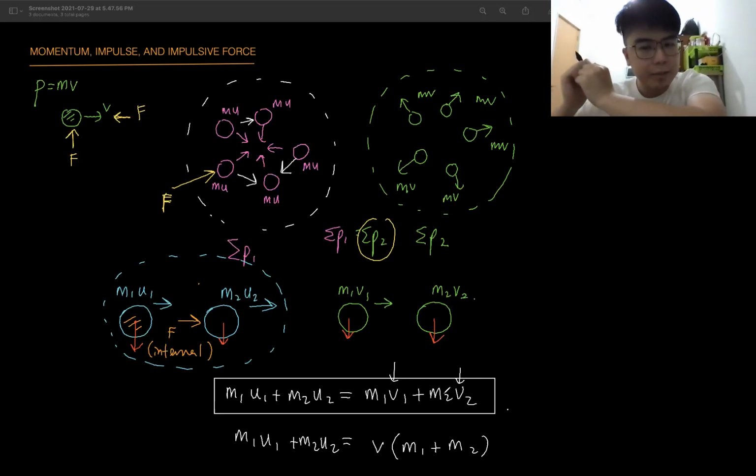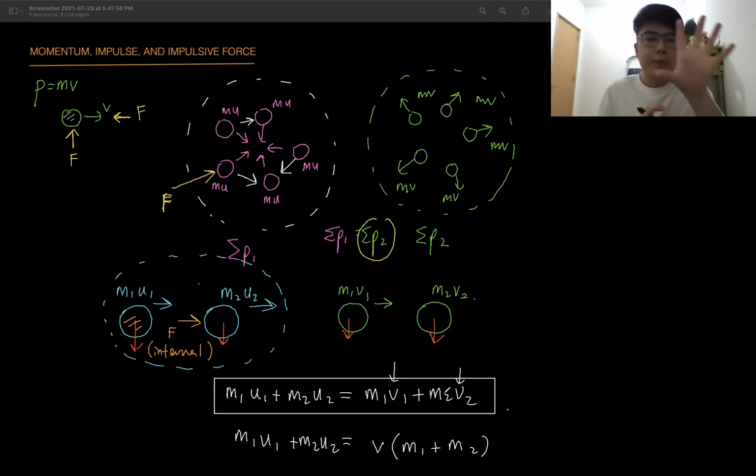Okay, now in A-level physics, if you want to differentiate between elastic and inelastic collision, you have to talk about the kinetic energy. You need to prove that the kinetic energy before, if it's equal to after, then that is elastic.